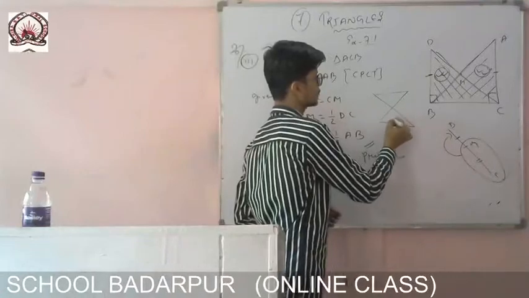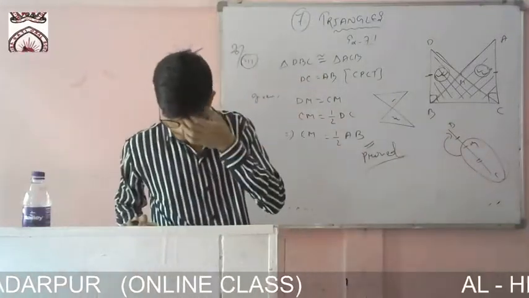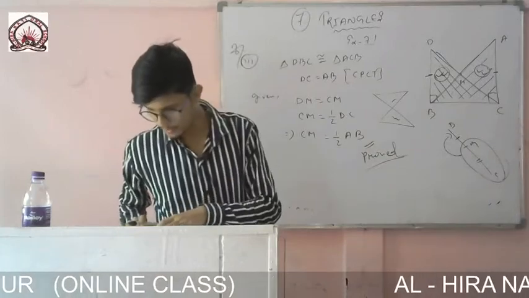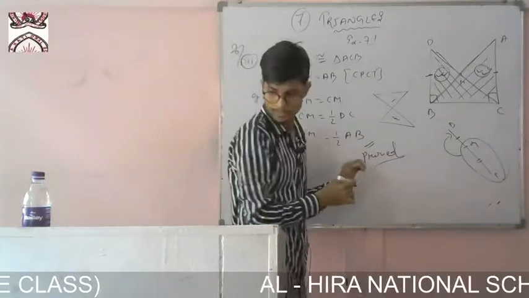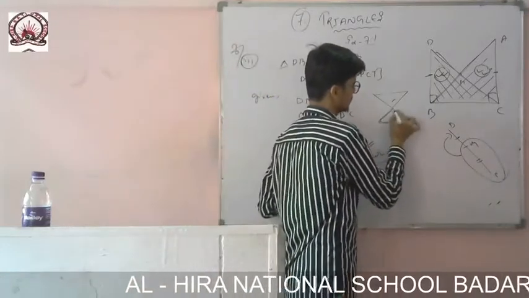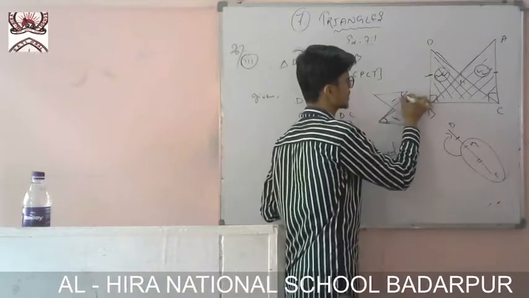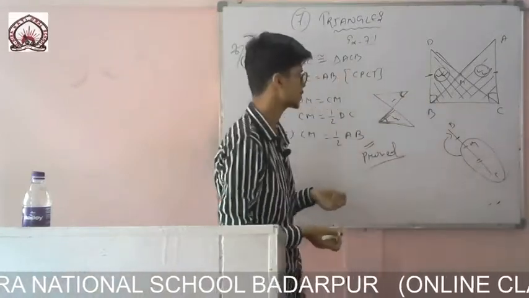So if I can prove that these two triangles are equal, I can show that angle OAD equals angle OBC. If these two triangles are equal, I can show that this angle is equal to this angle, because it will be corresponding parts of congruent triangles.